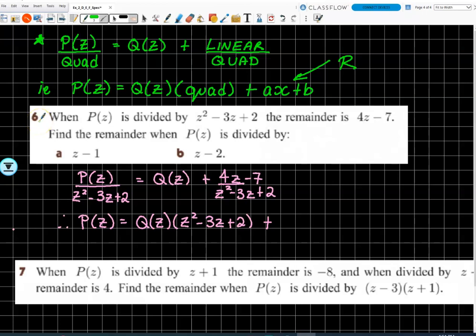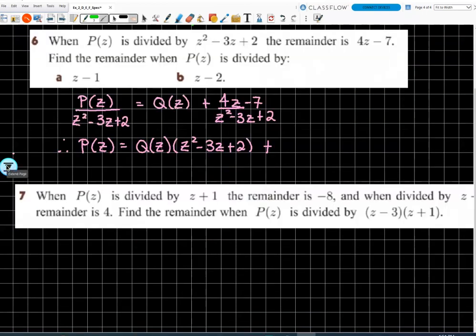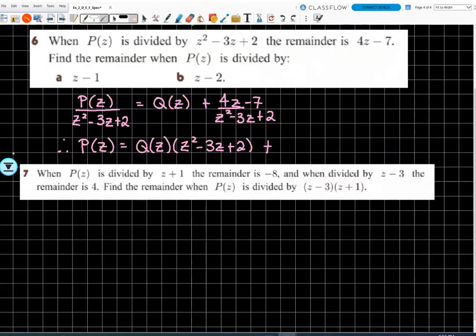Question 6 is nice because they already put it in this form for you. They tell you that your remainder is linear. But when it comes to question 7, right, oops, better adjust that. x plus 1, the remainder is minus 8. And it's divided by x take 3, the remainder is 4. So you're actually dividing by a double whammy there.